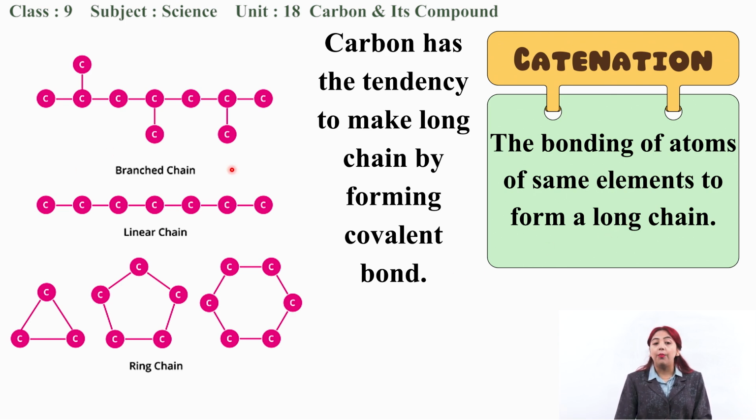It can form a branched chain or a linear chain as well as a ring chain, and due to this catenation property of carbon, so many materials and polymers are able to form. There are so many materials that contain carbon due to this property of carbon.